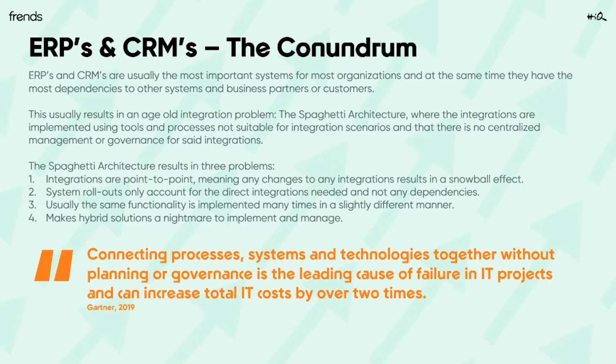And this is something that in the integration scheme we call the spaghetti architecture. The problem with this spaghetti architecture is that the integrations towards these ERP and CRM and whatever systems are implemented with no proper planning or management or governance, and they are treated as a necessary evil in order to get that system project up and running.